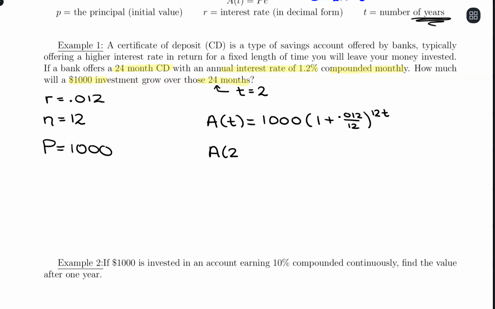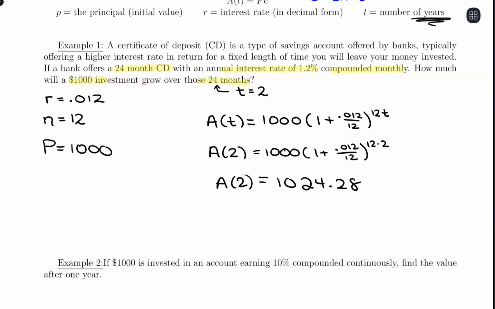So we're looking for A of 2, which would be 1,000 times (1 plus 0.012 over 12) to the 12 times 2. From a calculator, we should get 1,024.28.